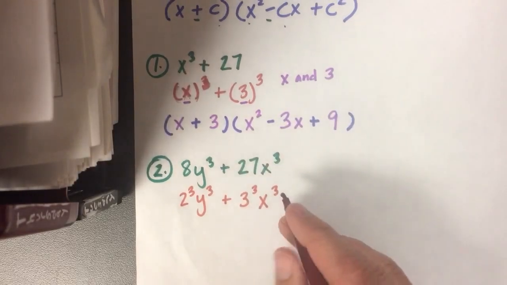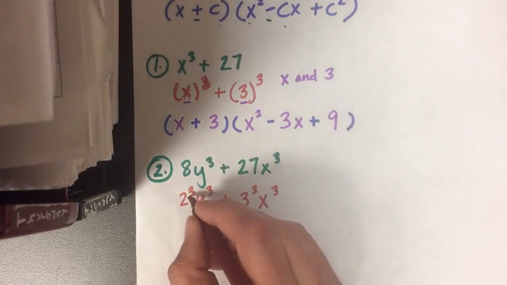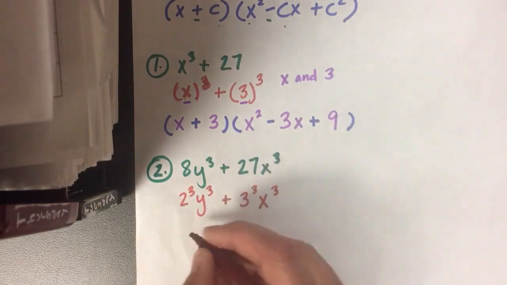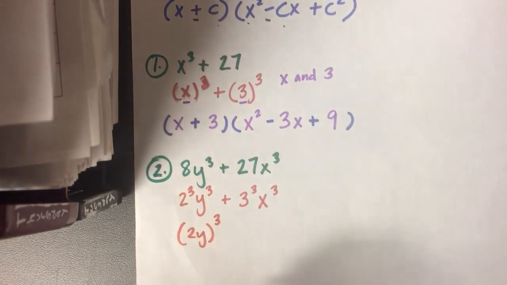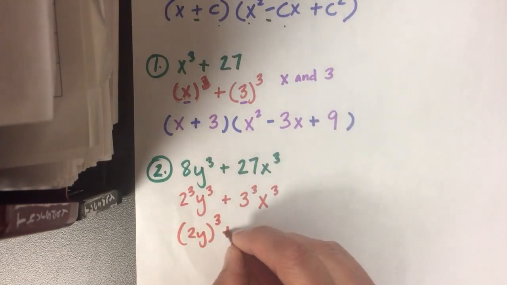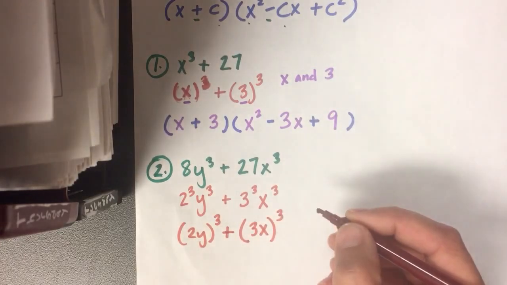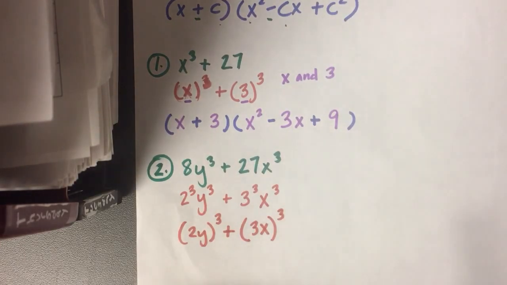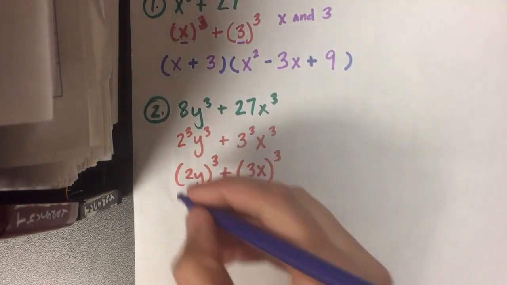Now remember, we like to have it in this format where your bases are all together. Since both of these are cubed and they're multiplied, I can rewrite it like this. This is the same thing as 2y, the quantity, cubed, and this is the same thing as 3x cubed. Now I'm ready to put it into my formula for my sum of cubes.